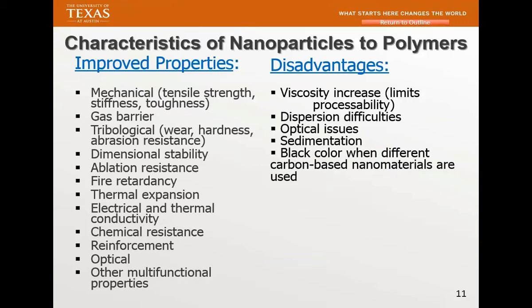You deal with a transparent polymer, and you put carbon-based material in there, everything is all black. You put a little bit of carbon black in there, it's going to be all black, and if your application needs transparency, it's not going to work. It may give you other properties. So those are the things.